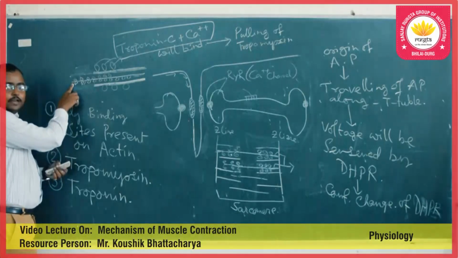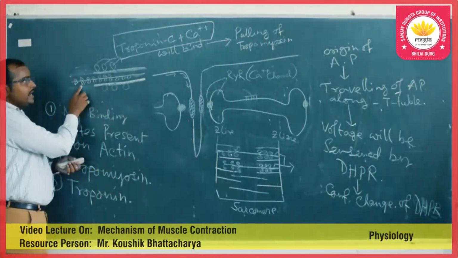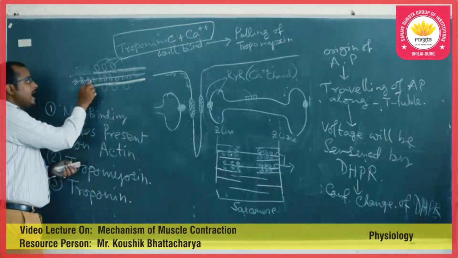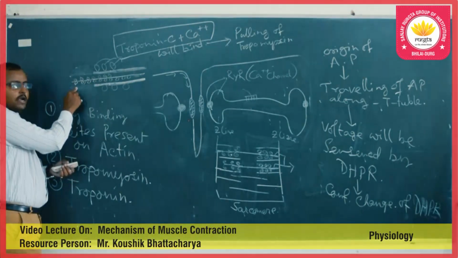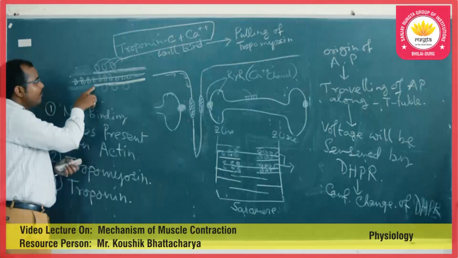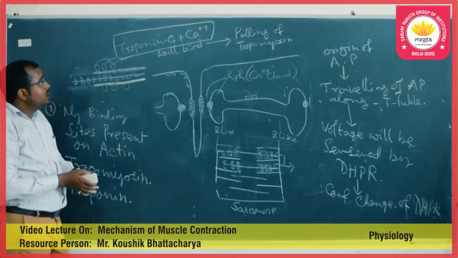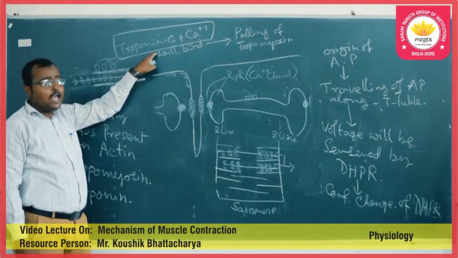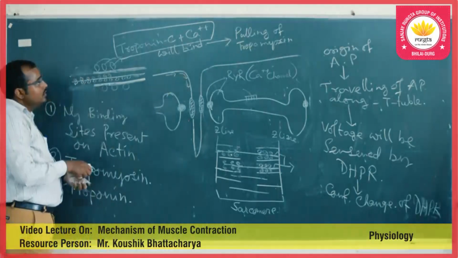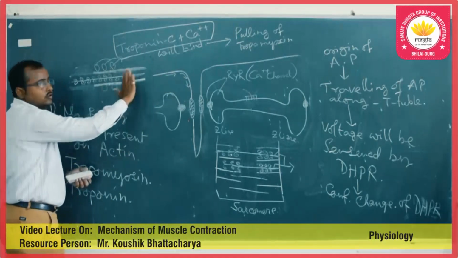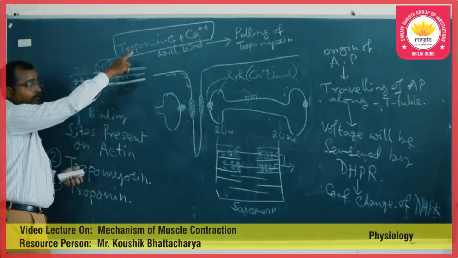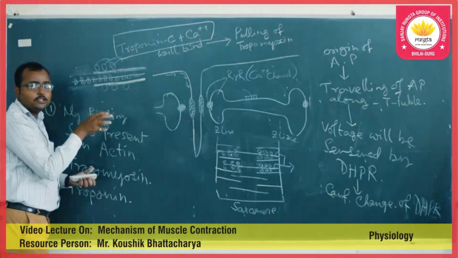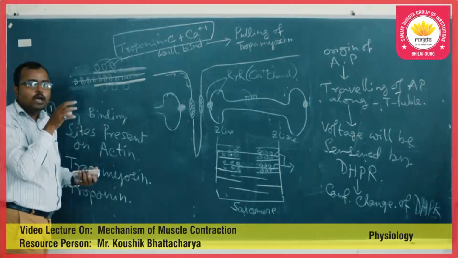The actin will be exposed along with the myosin binding sites, right? Because those myosin binding sites on the actin were covered by the tropomyosin. So the binding of the calcium ion with troponin C helps to pull the tropomyosin, and the myosin binding sites present on the actin are uncovered.